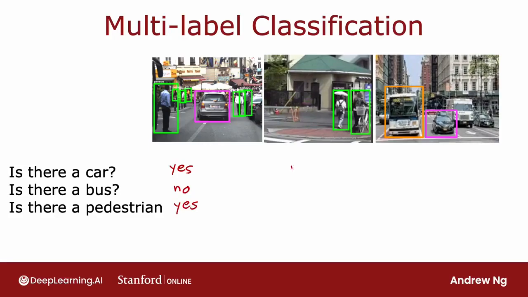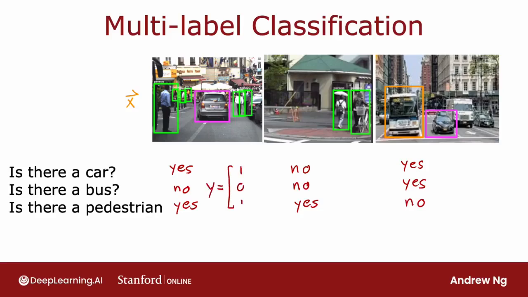Or in this second image, no cars, no buses, and yes to pedestrians, and yes car, yes bus, and no pedestrians. So these are examples of multi-label classification problems because associated with a single input image X are three different labels corresponding to whether or not there are any cars, buses, or pedestrians in the image.